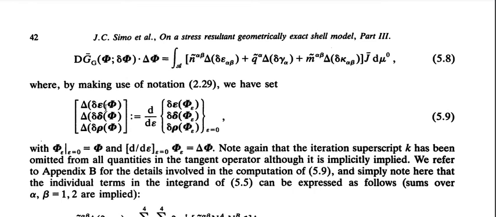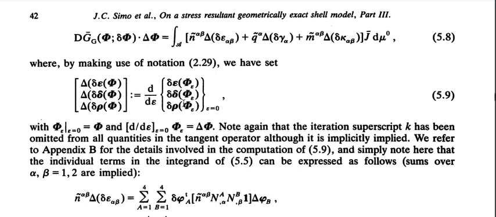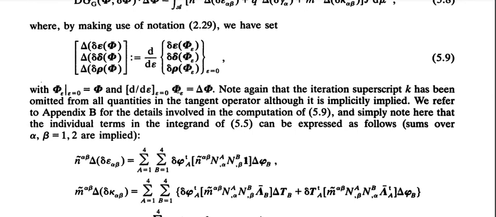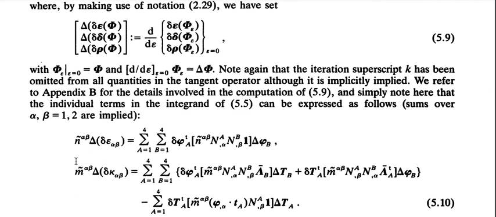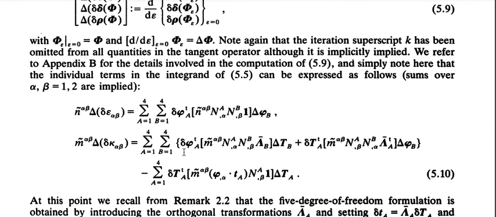Now going along with the same rule, the linearized quantities of these variational strains are given by the same rule, d by d epsilon of these variational strains when expressed in the parameterized form at epsilon equal to 0. So these relationships are derived in the appendix of this paper, and the final expressions are given over here.